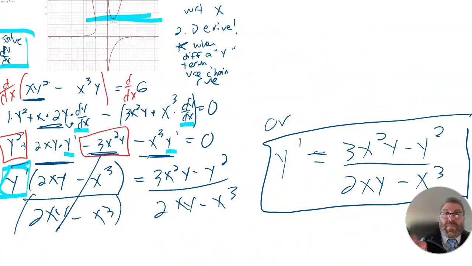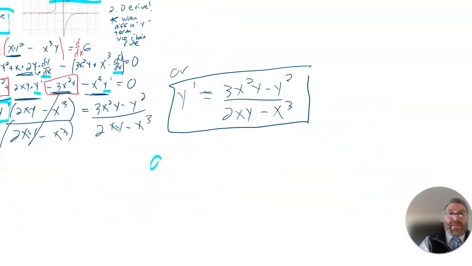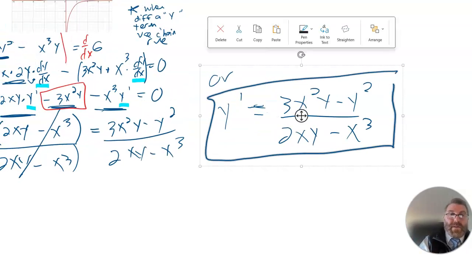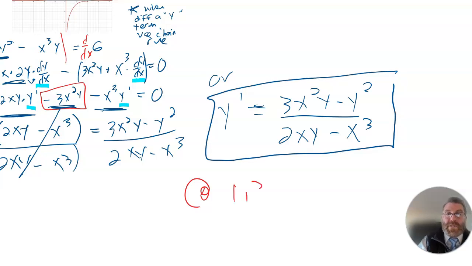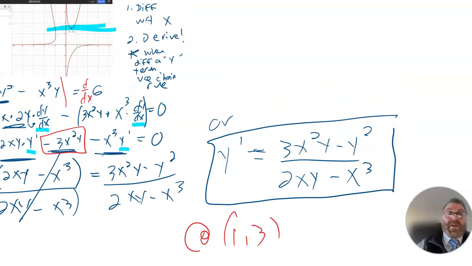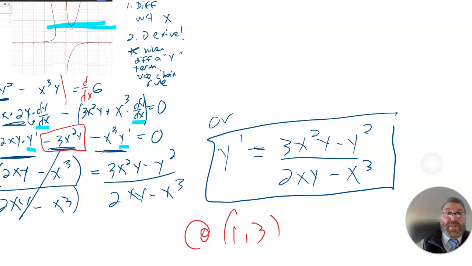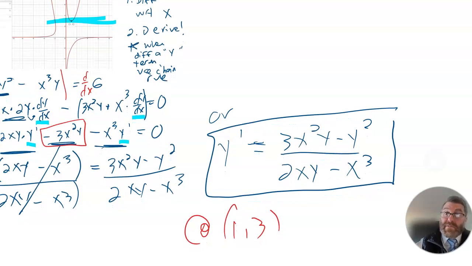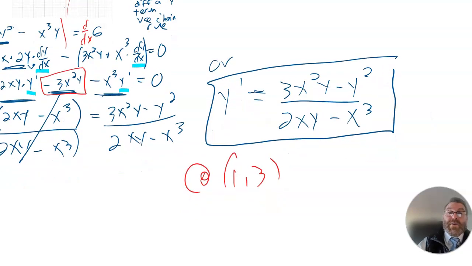So now I can just plug in 1, 3 to my derivative. So at the point 1, 3, which is on this crazy implicitly defined relation curve, there appears to be a horizontal tangent, another slope of 0, instantaneous rate of change of 0. So all I'm going to do is plug in the derivative at the point 1, 3.